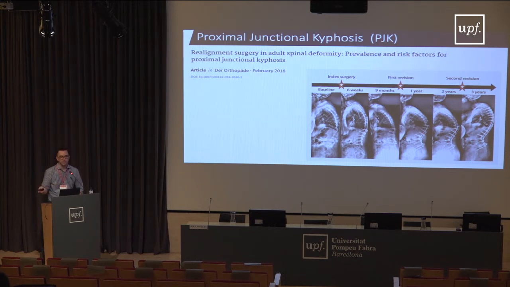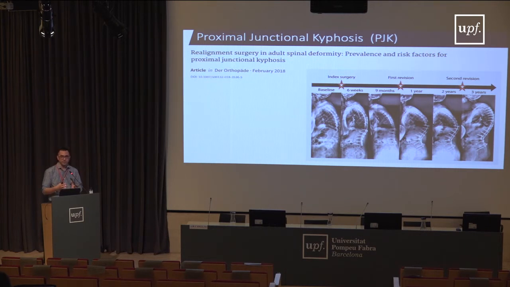So all the thoracolumbar spine finally will be stabilized, will be rigidly fixed. And sometimes we have to go to the occiput to somehow treat the PJK problem. And we know that PJK is related to the alignment, is related to the global balance, but can also be related to the type of fixation.